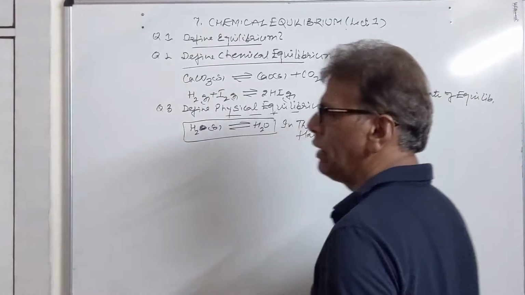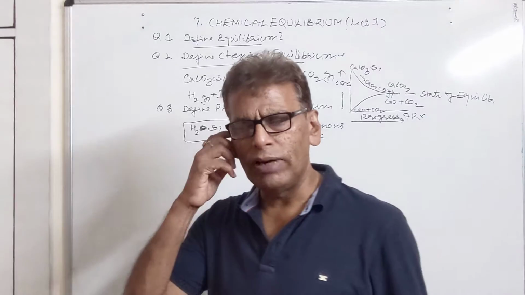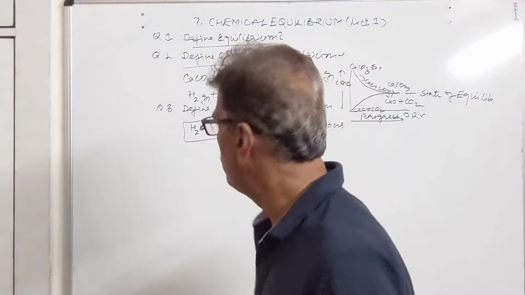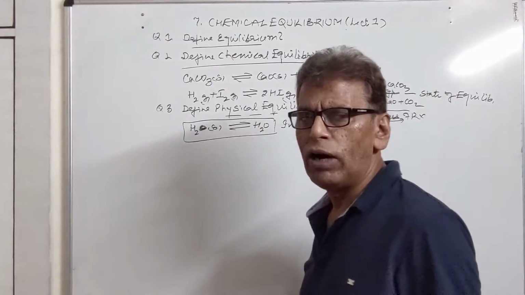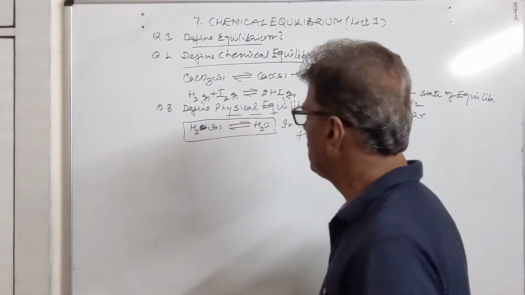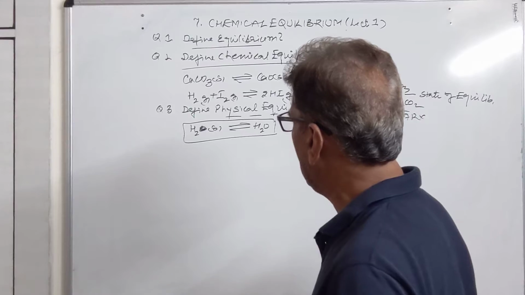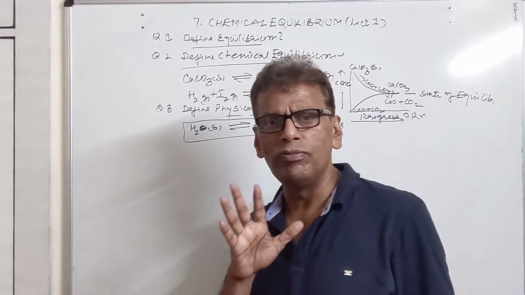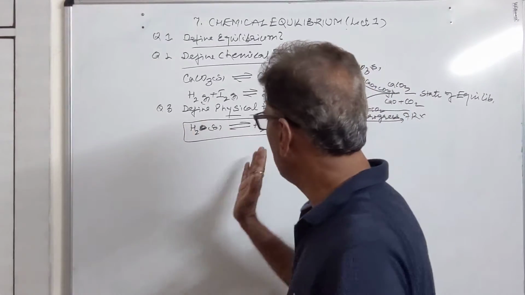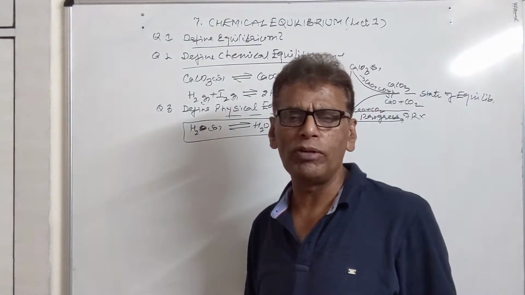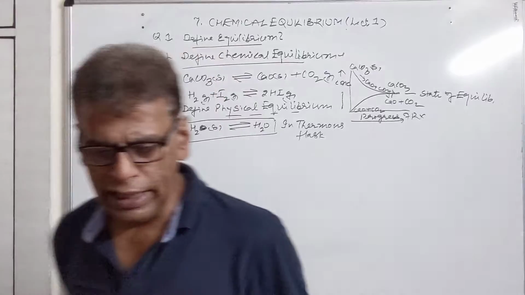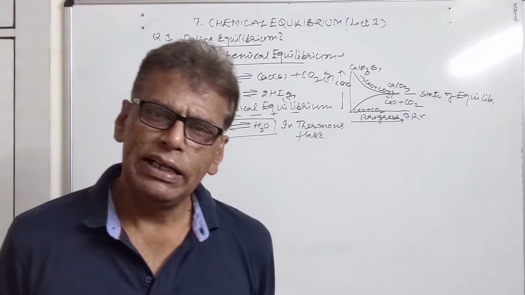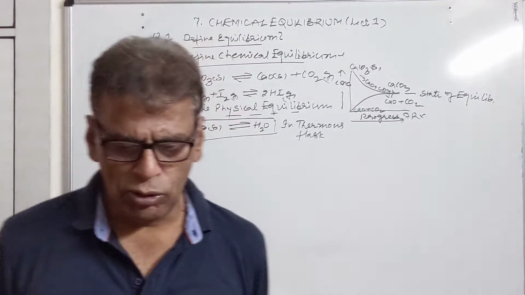In the thermos flask, the amount of ice melting becomes equal to the amount of ice formed from water through solidification. So this is the state of equilibrium, when the rate of melting of ice becomes equal to the rate of formation of ice in the closed system. This is called the state of physical equilibrium. It is again obtainable only in a closed system.